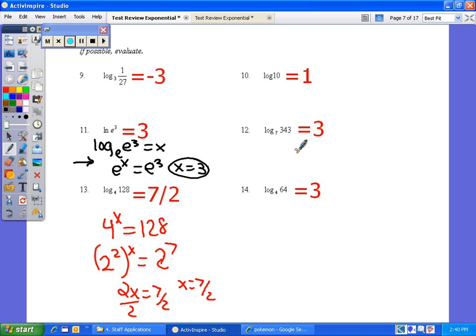If you don't know, you can write it out like this, and then just keep multiplying 7 until you get 343. So because we had to multiply 7 3 times, that's why the answer is 3. Okay, here's the explanation here for number 13, and number 14 is the same thing as number 12. So just ponder on that for a second.